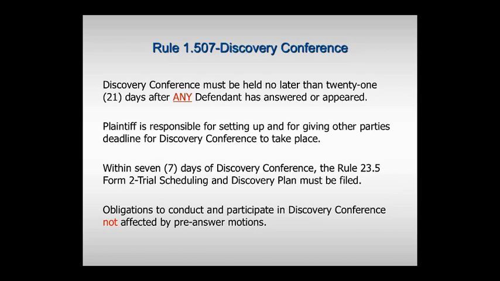The rule provides that the discovery conference has to be held no later than 21 days after any defendant appears or answers. Now, if A sues B, C, D, E, F, and G, as soon as one of them has appeared or answered, the clock starts ticking on that 21 days. And I know what you're all thinking, and I can tell you that we talked about it at length.